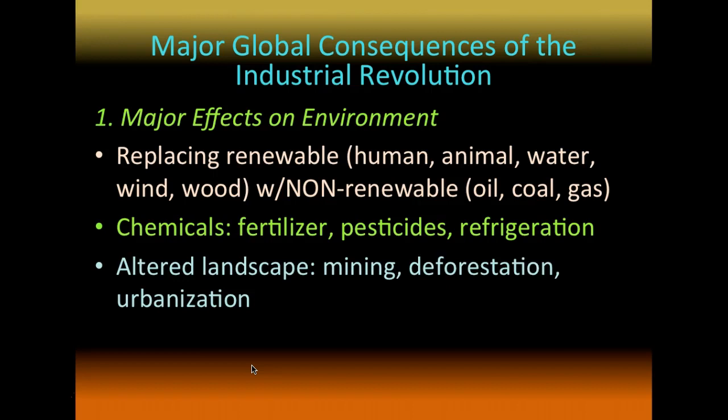The landscape was altered. Mining, basically you cut down mountains, and in order to mine and cut down mountains, you have to cut down forests. Forests are also cut down to build things like industries and to make space for products and buildings and to use the wood for fire.